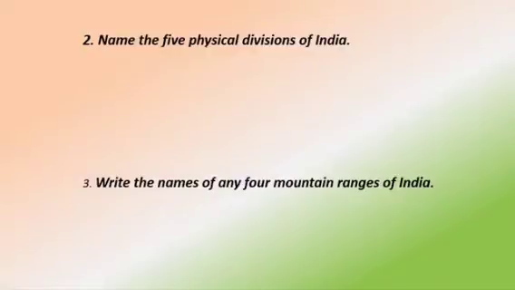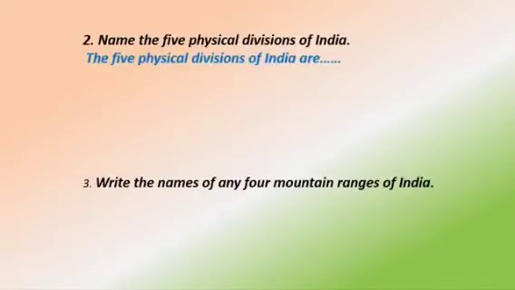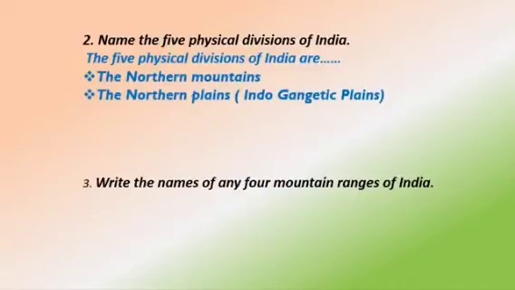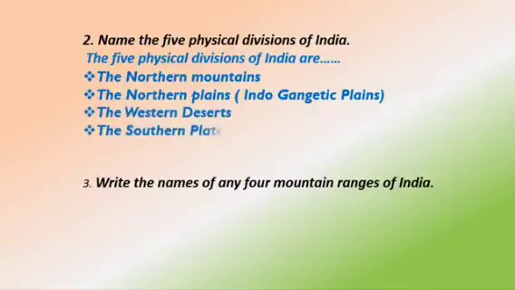Name the 5 physical divisions of India. The 5 physical divisions of India are the northern mountains, the northern plains or Indo-Gangetic plains, the western deserts, the southern plateau, the coastal plains and islands.